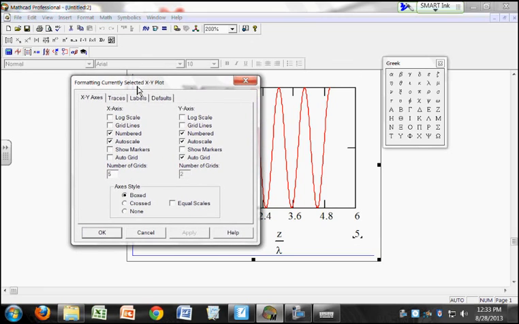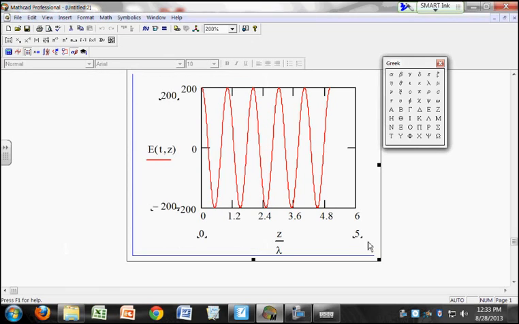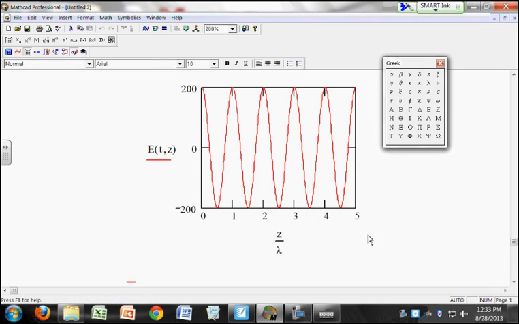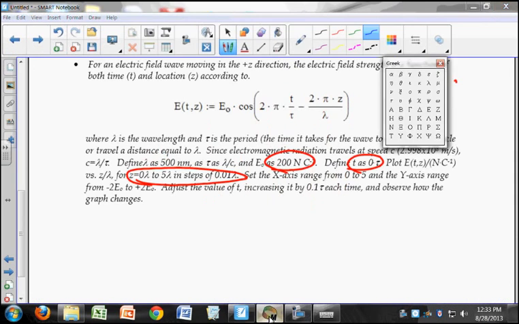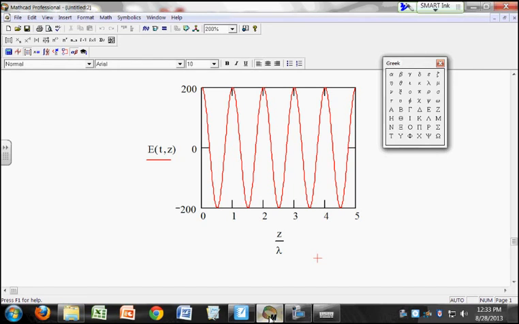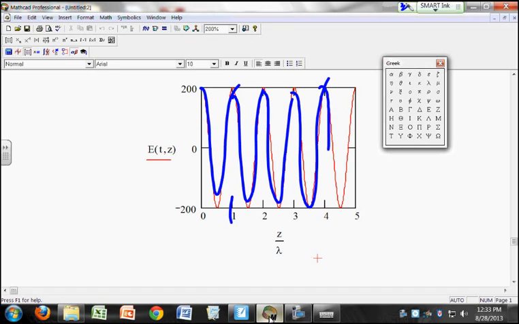And then over here I can specify what my maximum is. So I specify 5 lambda right there. So you can see, oops, sorry, you have 5 cycles there. There's 1 cycle, the 2nd cycle, the 3rd cycle, the 4th cycle, and the 5th cycle.